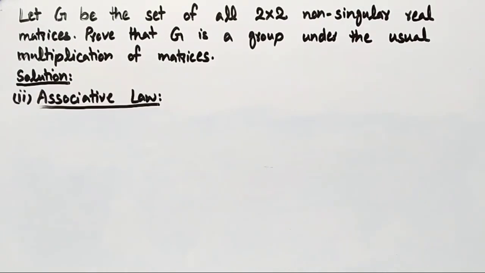Second axiom is associative law. Associative law in general holds for 2 cross 2 non-singular real matrices.